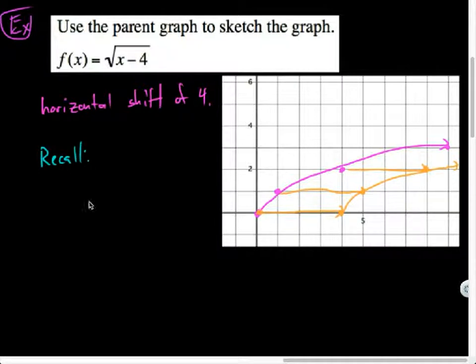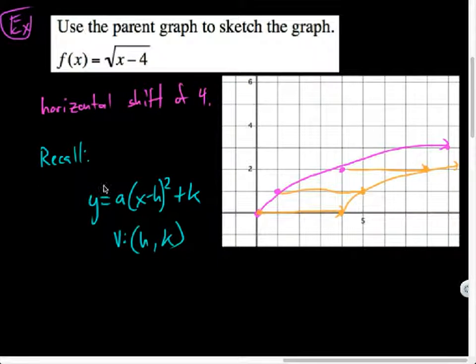My best analogy comparison for this, if I do a little recall, you might remember y equals a parentheses x minus h all squared plus k, back from your Math 3 days. What was the vertex for this graph? It was actually positive h, positive k, so it was the opposite of this value but the same as that value.